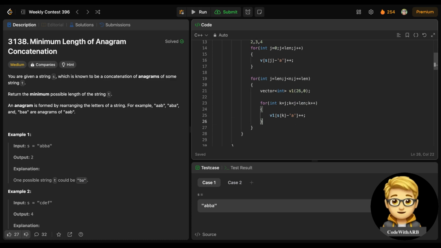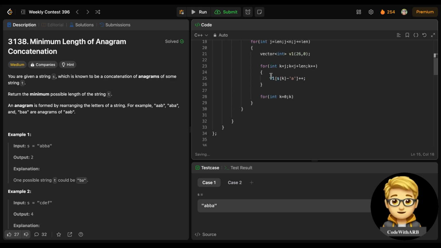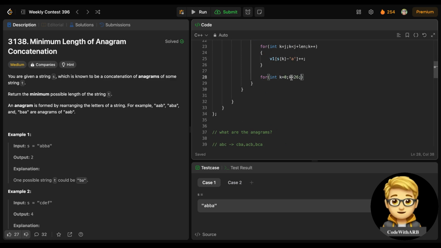So after storing all the characters for this, we need to check whether this vector and the starting vector have the same number of characters or not, right?